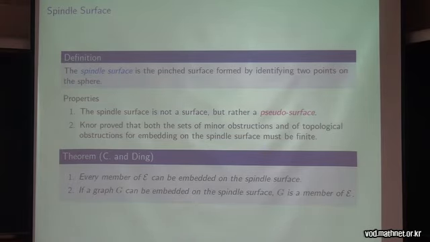So if this is a planarizing edge, then after deleting this edge, we can embed the graph on the plane. And after that, it's weird, but you can put a line segment on the planar embedding and identify these 2 points. Then the graph can be embedded on the spindle surface. And this critical point actually lies on the planarizing edge.